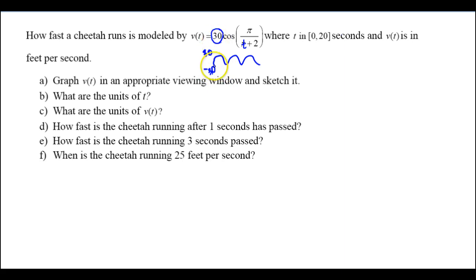On my calculator, that affects the y min and y max. So I'm going to remember to change the y min to -40 and the y max to 40 so I can see the entire graph. And then this part here is kind of nice. It tells us that our t values, or our x values, our x min and x max, are going to be from 0 to 20. Those are the only times that we care about. So let's go ahead and jump to the calculator.